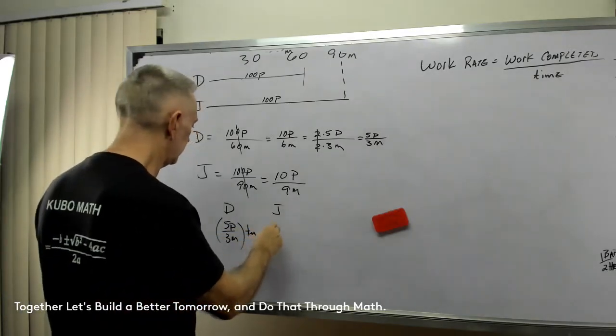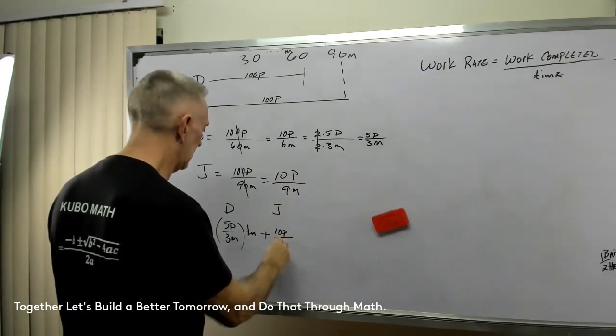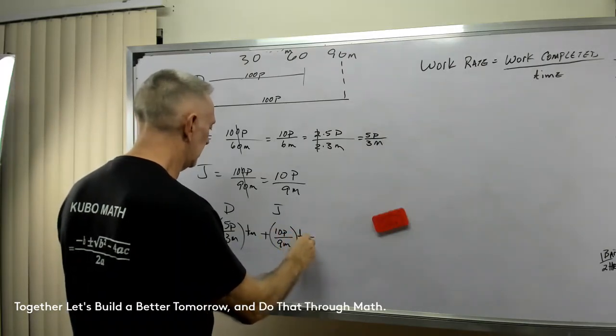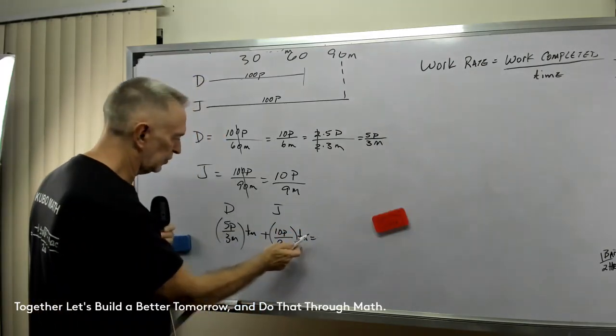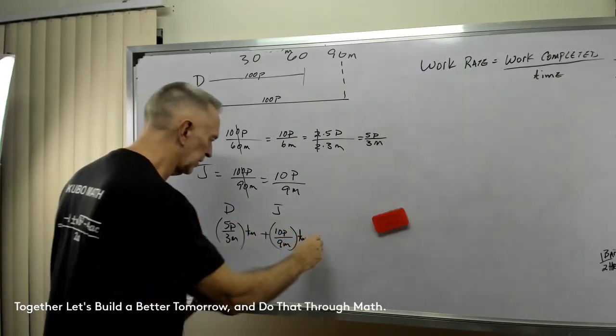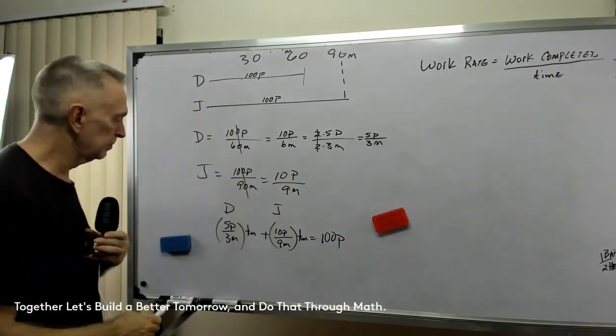Okay, plus John's, which was 10 papers over 9 minutes times time in minutes. And so again, minutes cancel. We end up with just papers. So papers plus papers. We want to know when that gets to 100 papers.